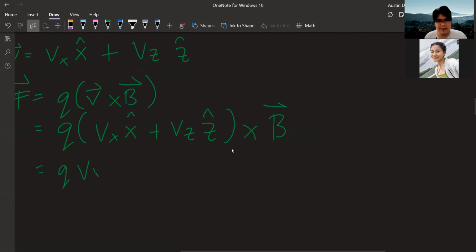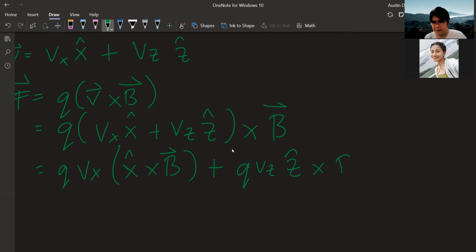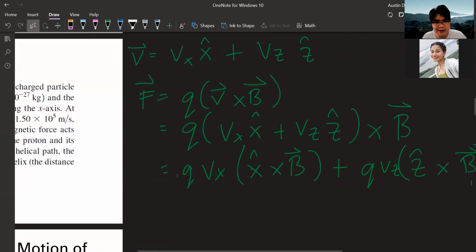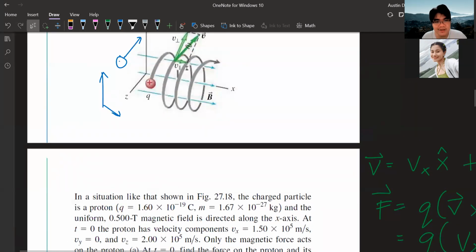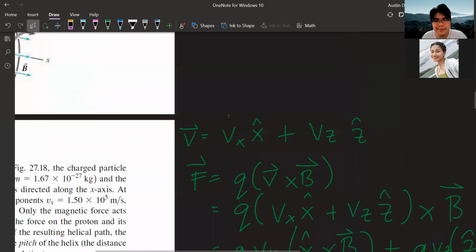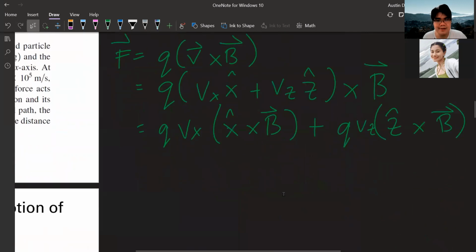Q Vx x hat cross B, and then plus Q Vz z hat cross B. Okay, so the first term is 0 agad kasi x hat is parallel with B, and cross products between parallel vectors is just 0. So this is just 0.